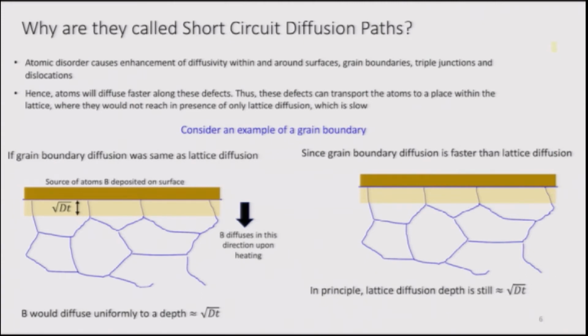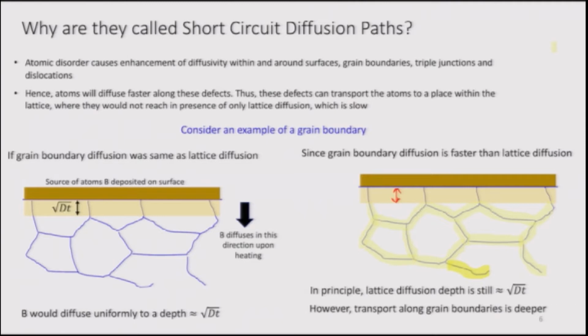Atom B is diffusing inside this A. If the grain boundary diffusion is faster, which is the case in reality, then the diffusion along the lattice is still the same, that is, the distance root Dt, but since the grain boundary diffusion is faster, the diffusion penetration along the grain boundary would be much deeper than root Dt, and hence we would see that the grain boundaries would be decorated with the solute or the diffusant to a depth which is much deeper than the distance root Dt. D is the lattice diffusivity here.